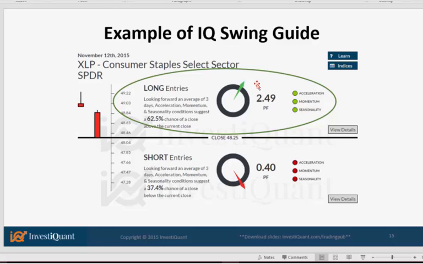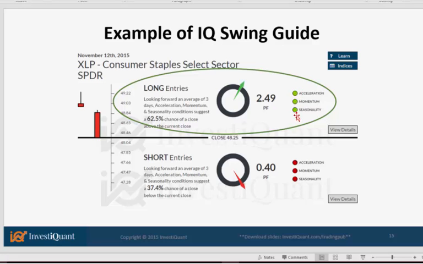So it's just a ratio, but it's a helpful one when considering risk. We want to know the percent chance that the market will move higher, and then a risk metric we use called profit factor. Anything above 1 means it's been profitable, and anything below 1 means it's been unprofitable.